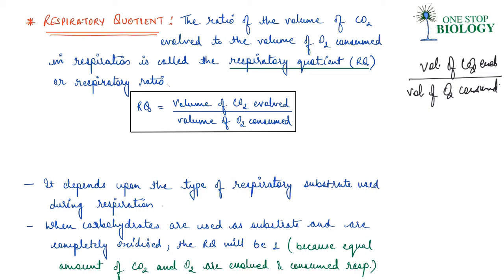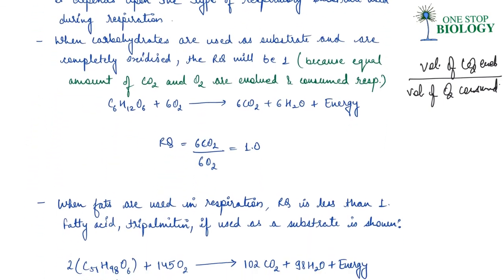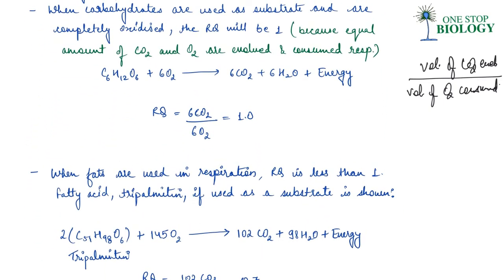Now, this depends upon the type of respiratory substrate which is present during respiration. Say, for example, when carbohydrates, remember now, when carbohydrates are used as substrate and they are completely oxidized, the respiratory quotient becomes 1. So basically, this becomes equal to the amount of carbon dioxide and oxygen which are involved and consumed respectively, right?